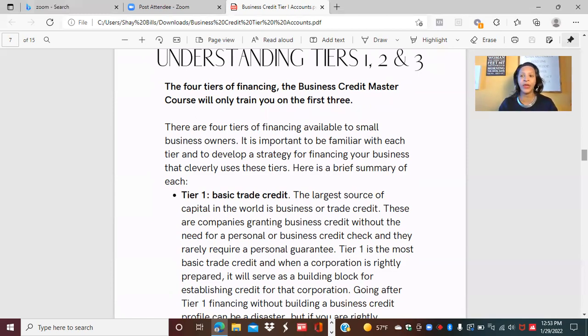We're only going to be training on the first 3 tiers of business credit, because 9 times out of 10, most people who have a small business or are entrepreneurs get to tier 3, and pretty much at that level, it suffices what they need to use business credit for their business. So we're going to go through tiers 1, 2, and 3, okay?